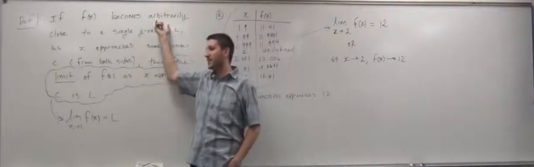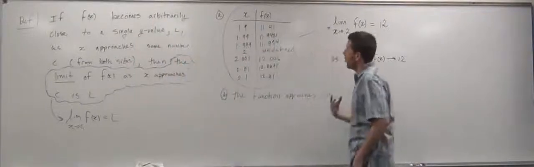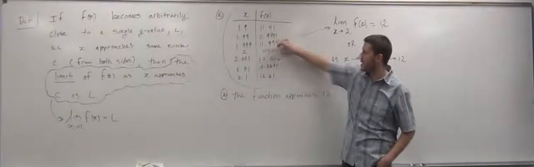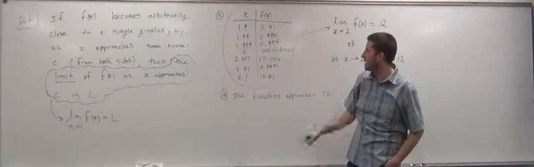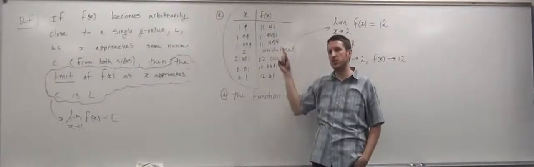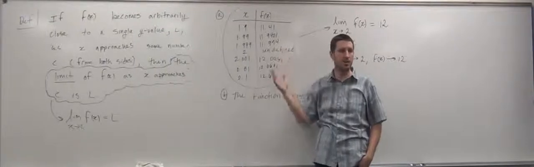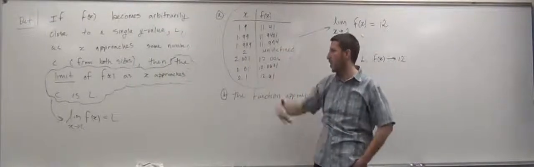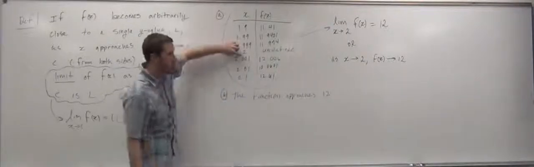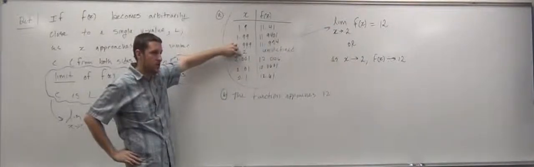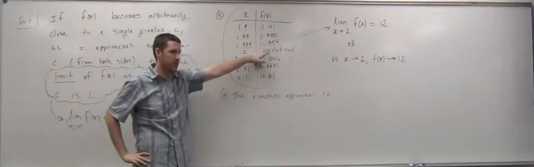But what we mean by this is no matter how close you want me to get to 12, I will get there eventually. So for example, say I wanted to get within 0.0000001 of 12. Right? I wanted to get within 1/1,000,000th of 12. Then I can pick an x value close enough to 2 so that my y value is within 1/1,000,000th of 12.